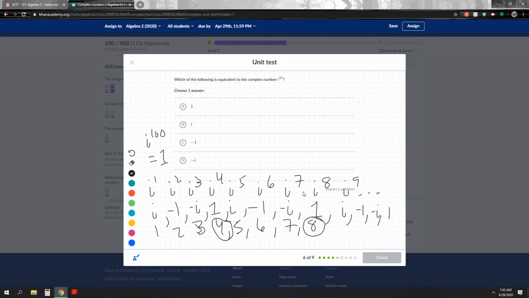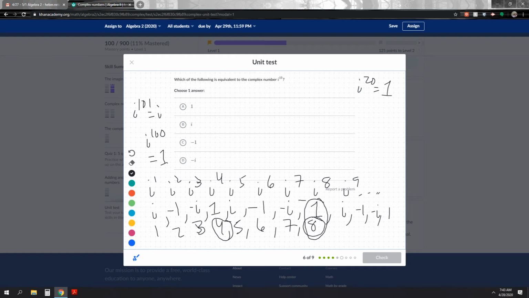If you were 1 more, i to the 101st, well, 1 times i is i. We want to know the 19th. Well, that's 1 less than 20, and 20 is exactly divisible by 4. So we know i to the 20th equals 1. Looking at our pattern, here are the ones divisible by 4.